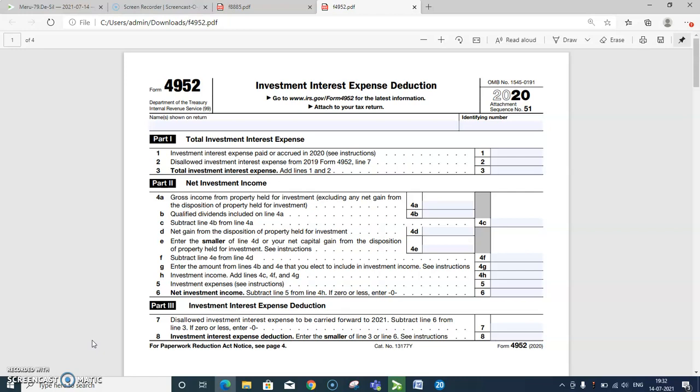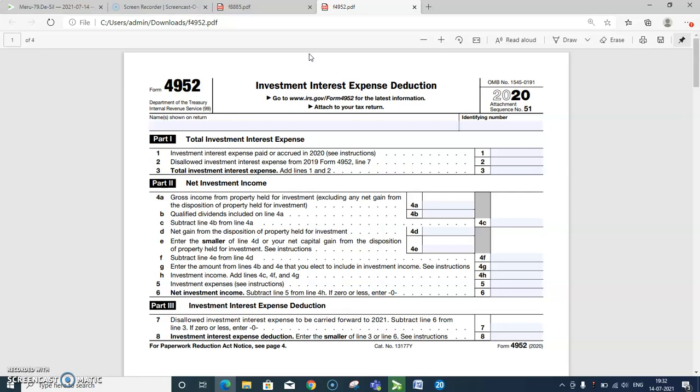There are three parts of the form. Part 1, total investment interest expenses. Here the taxpayer calculates total investment interest expenses. Part 2, net investment income. This figure is calculated after adjustments are made following the input of your gross income from property held for investment. And Part 3, investment interest expense deduction.